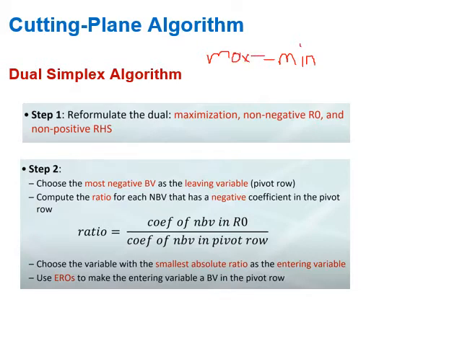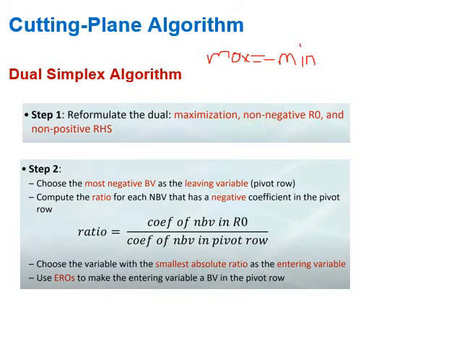So the maximization is in fact the negative of minimization. So just multiply row 0 by -1 and you will obtain a maximization problem. Okay, so reformulate the problem as a maximization.